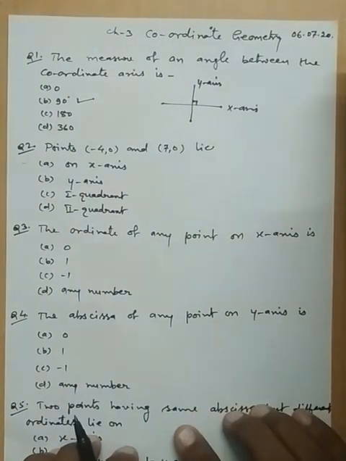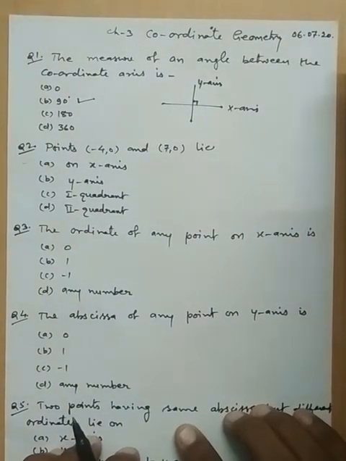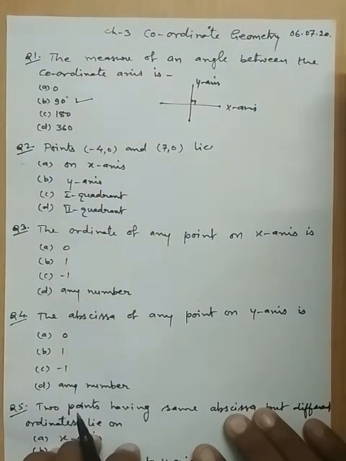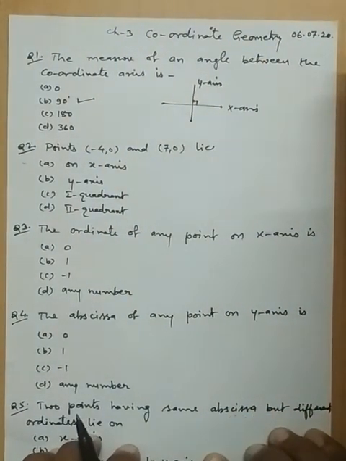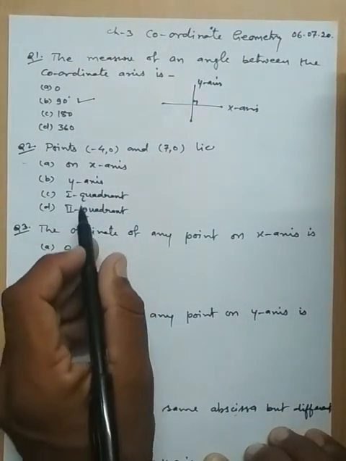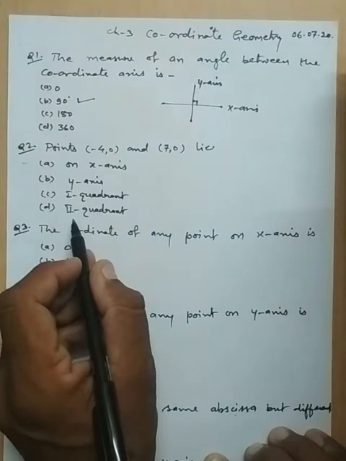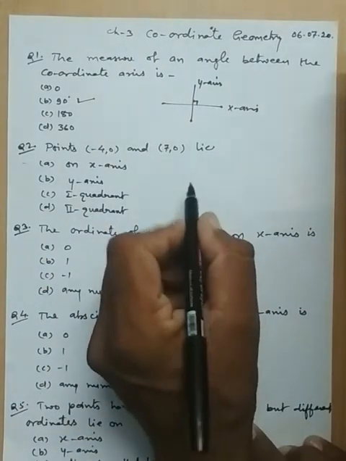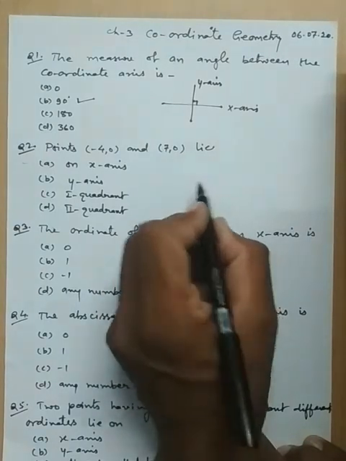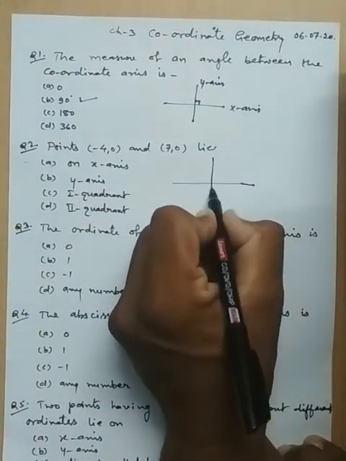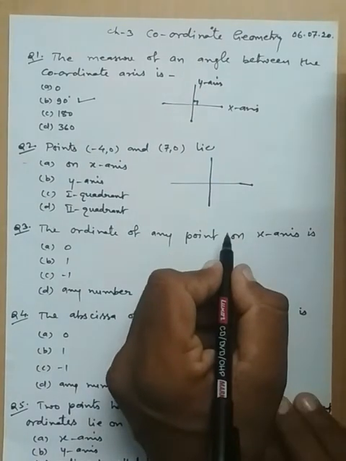Second question: the point (-4, 0) and (7, 0) lie on the x-axis, on the y-axis, in the first quadrant or in the second quadrant. For this question, if we draw the coordinate axes, this is the x-axis and y-axis.